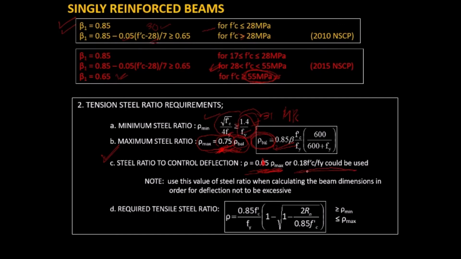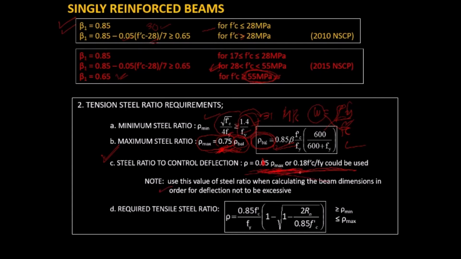Actually, ano ba yung omega? Rho f_y over f_c prime. Now, okay. Ngayon, kung balik mo ito dito, f_c prime over f_y and the target rho, actually we are looking here for the reinforcement index. Now, this value of steel ratio when calculating the beam dimension is in order for deflection not to be excessive.